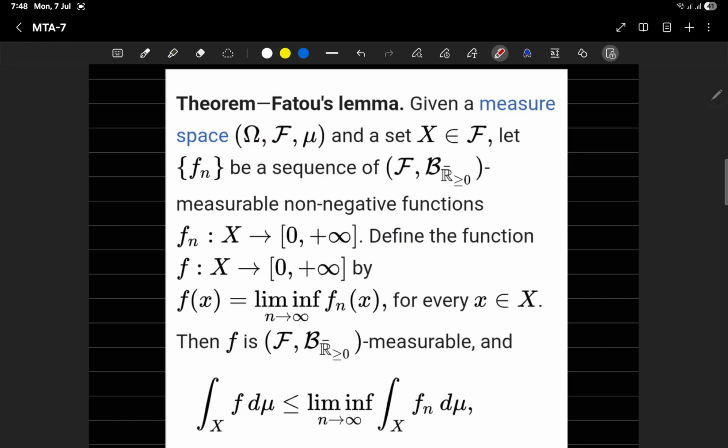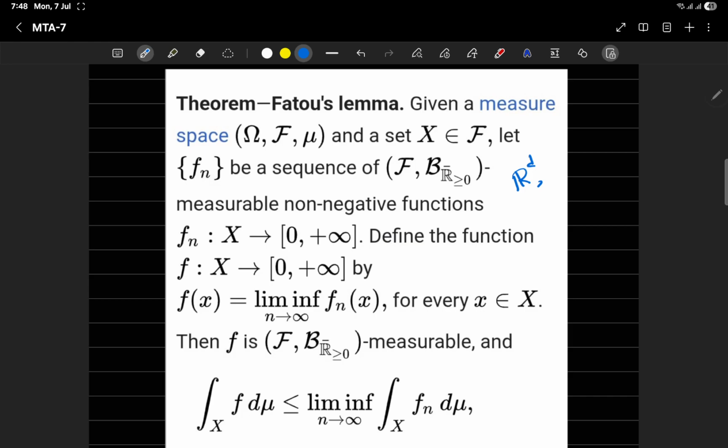So let x be any set, and the functions are defined from that set. In a way, in our setting we have our full space Rd, which is omega.